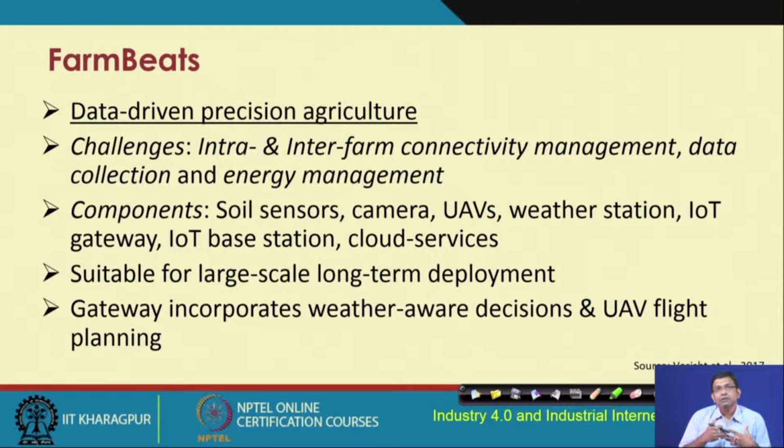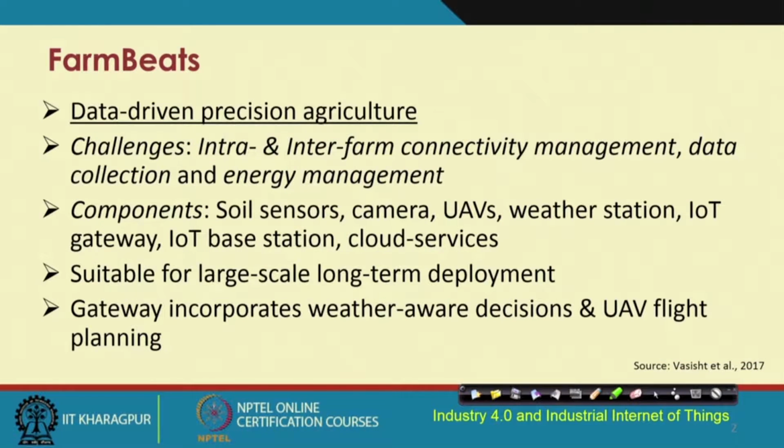In this particular work FarmBits, they talk about the use of different sensors such as soil sensors, cameras, UAVs, weather stations, IoT gateways, base station, cloud services, etc. Together they come up with an integrated architecture which can be used for deployment in agricultural farms in order to have an efficient mechanism for collecting data and also processing the data.